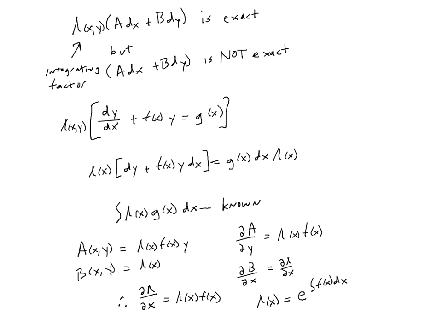So then all we have to do is solve for whatever that integrating factor is. So let's do some examples. Let's say we have x, and I'm going to be lazy and just write this as y prime, plus 1 plus x, y is equal to e to the x.